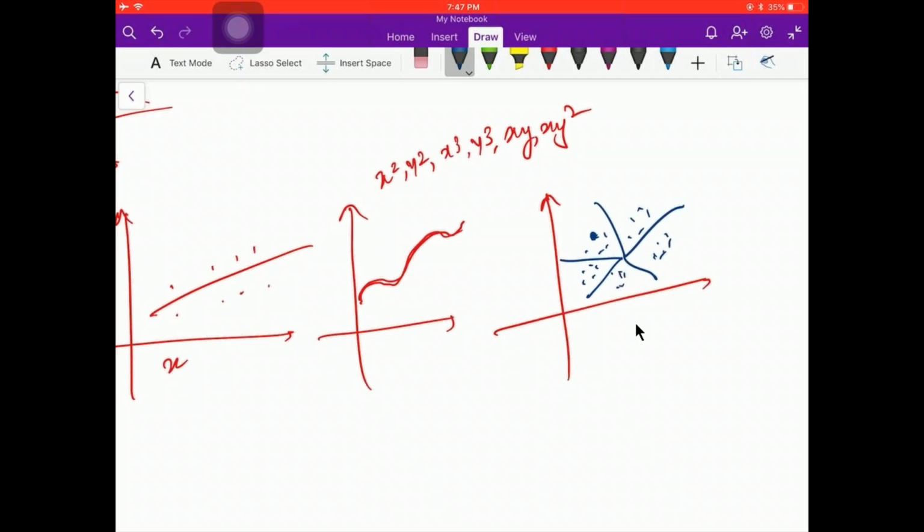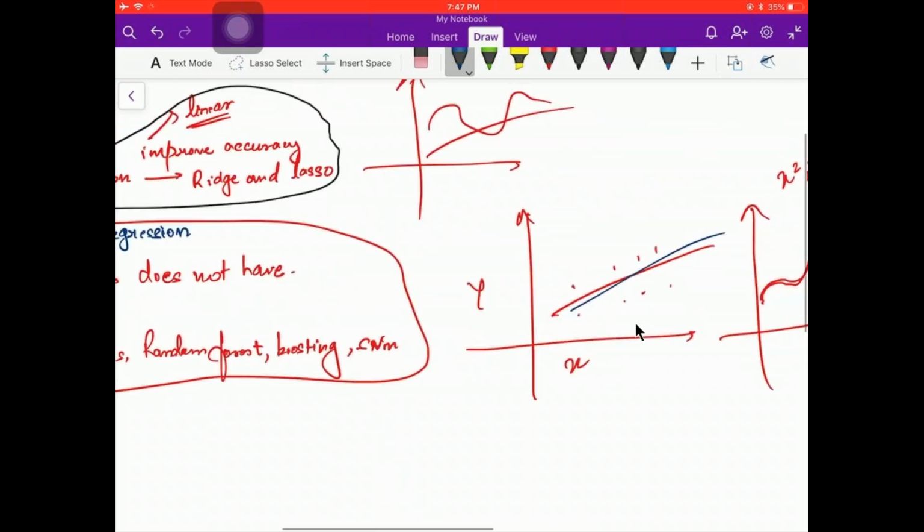All that come here are the average of this, all that here are the average of this. Do you see this as a linear boundary? No, right? It has many splits, kind of a curved boundary. So when the boundary is curved, or we're not trying to fit a line but doing partition, that's part of non-linear regression.